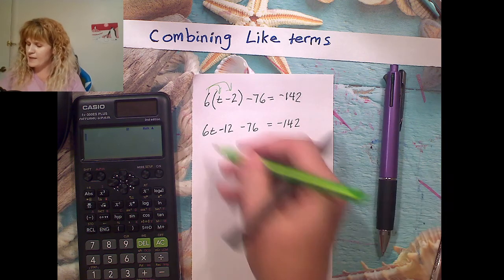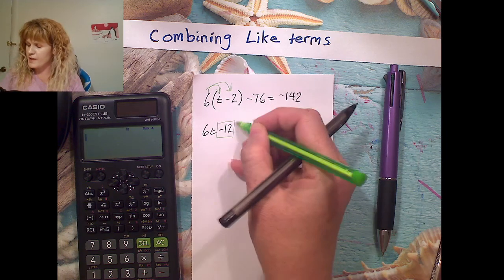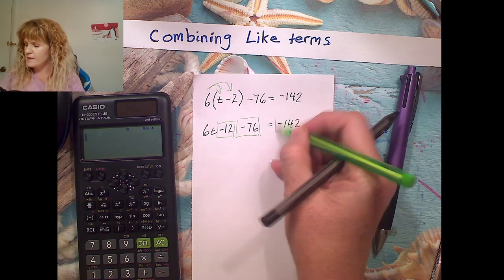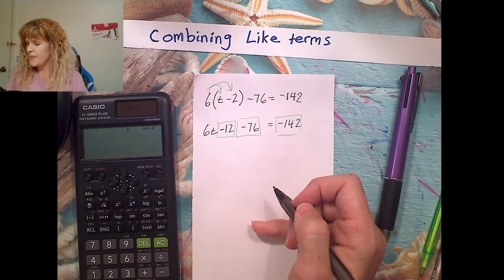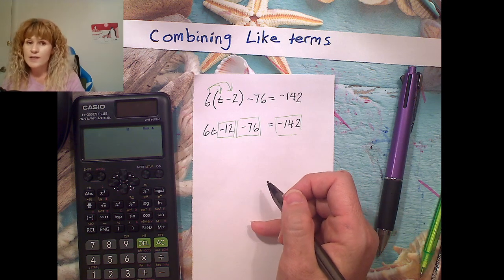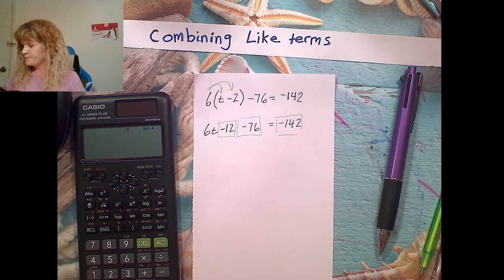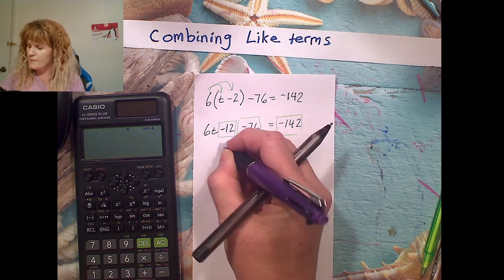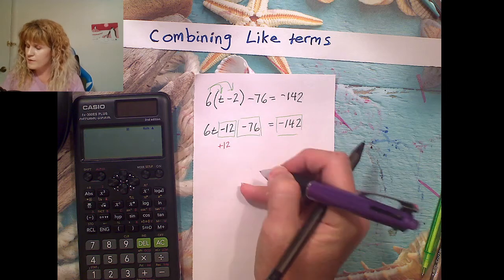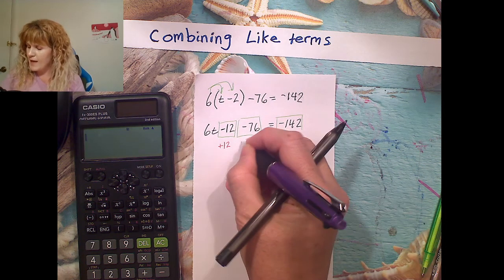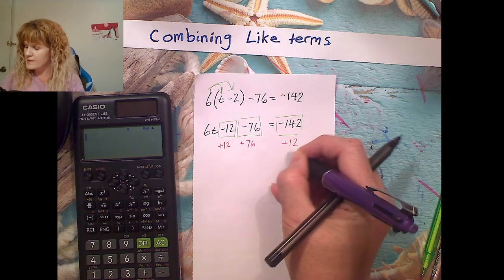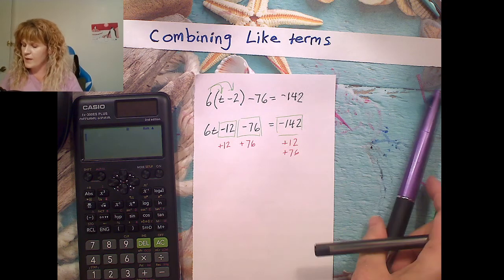Now combine like terms, which are the negative 12, negative 76, and negative 142. I'm going to do this all in one step this time. I'm going to add 12 to both sides of the equation, and I'm going to add 76 to both sides of the equation.